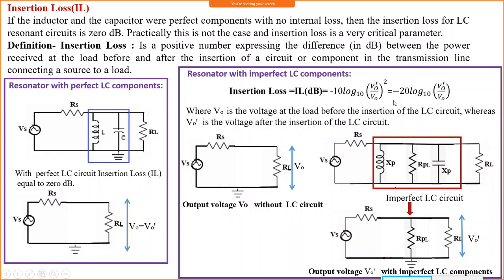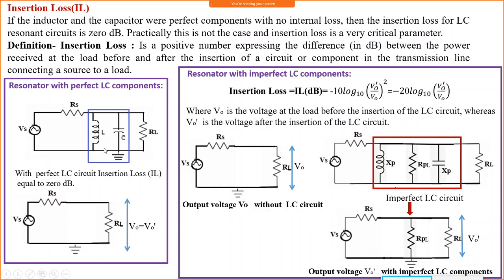That means how much power is dissipated in the network. If L and C are not perfect, automatically there is a dissipation of power. Usually power dissipates in the resistance part of these LC components. Imperfect components means they have a resistance, the RS.